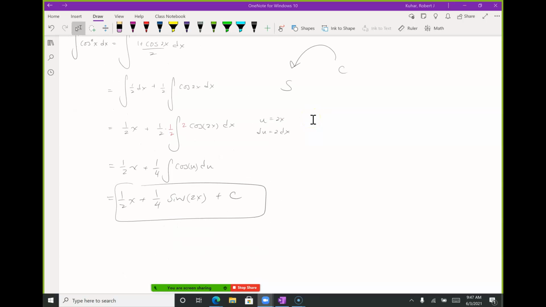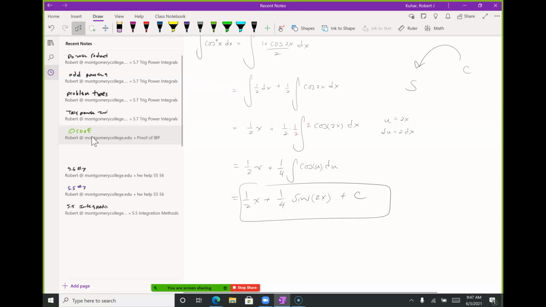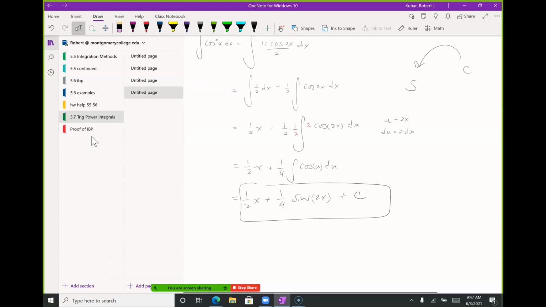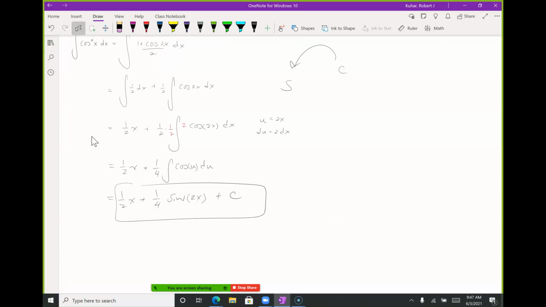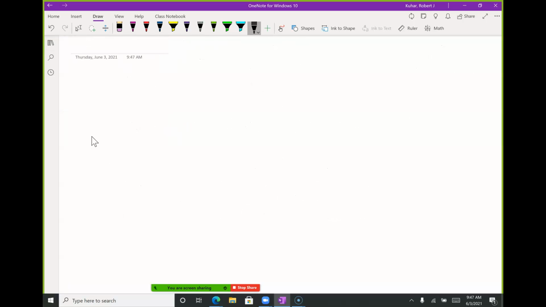All right, let's do the same problem. Let's do cos squared x, but let's do it by parts. This one's a little bit more difficult. So we're doing the integral of cos squared x dx by parts.